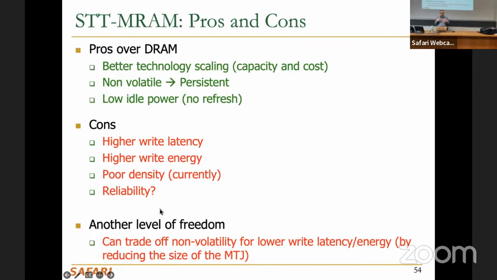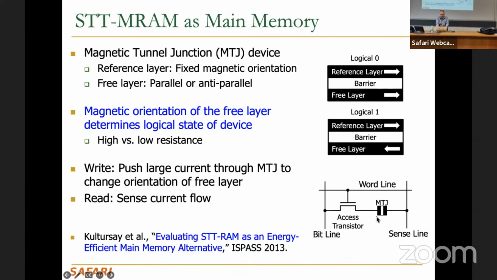You can trade off non-volatility of this memory for lower write latency and energy. When you reduce the size of this MTJ, you can reduce retention time. At some point, your retention time is not that high, such that you need to refresh it.